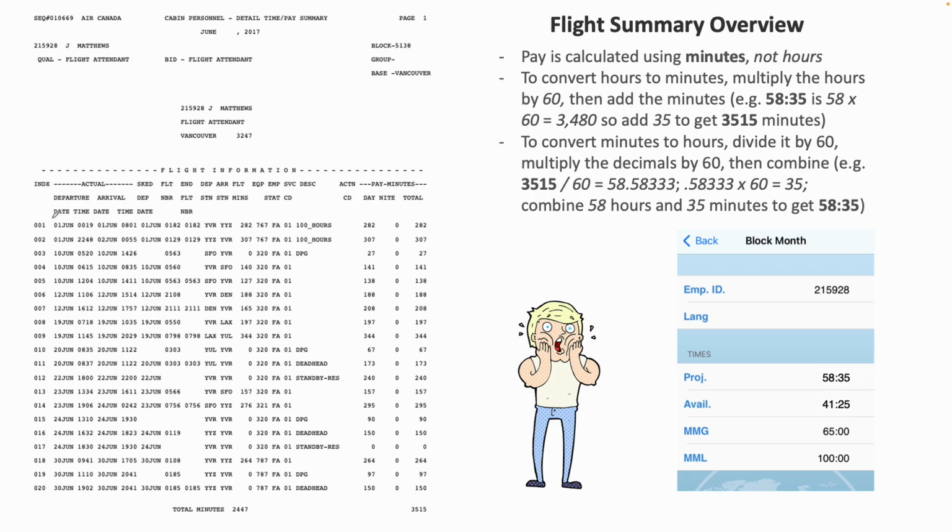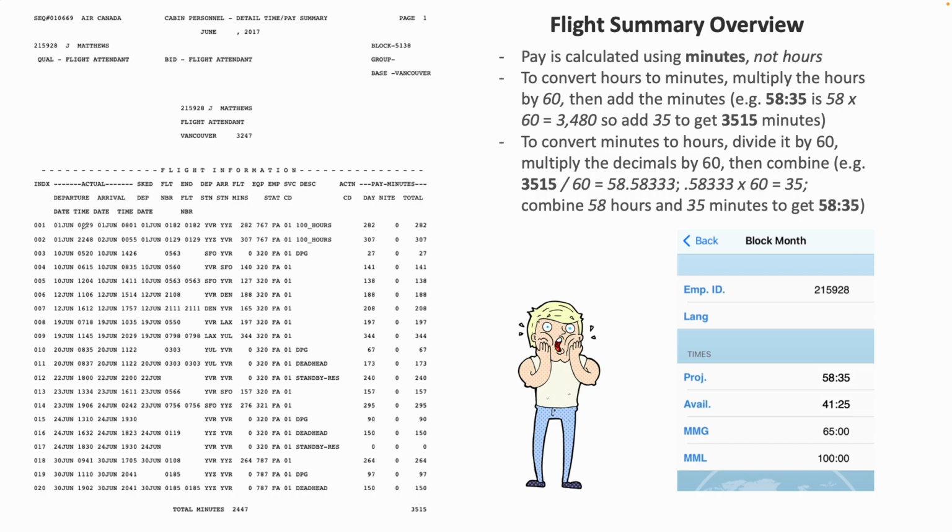And then beneath both of those, we have date and time corresponding to each departure and arrival. Note that the date and the time for departure and for arrival correspond to the specific time zone for the airport of departure and for the airport of arrival.